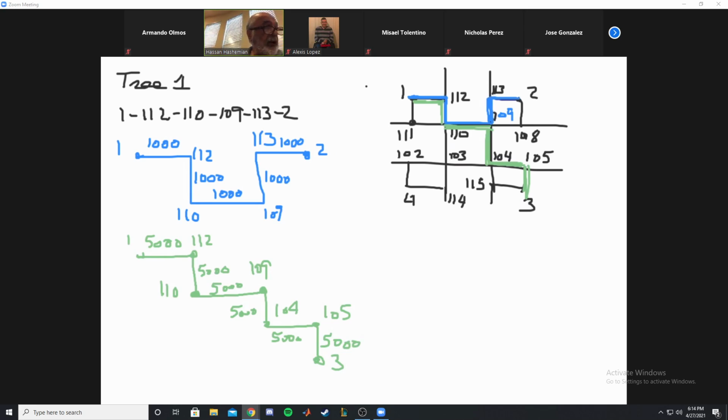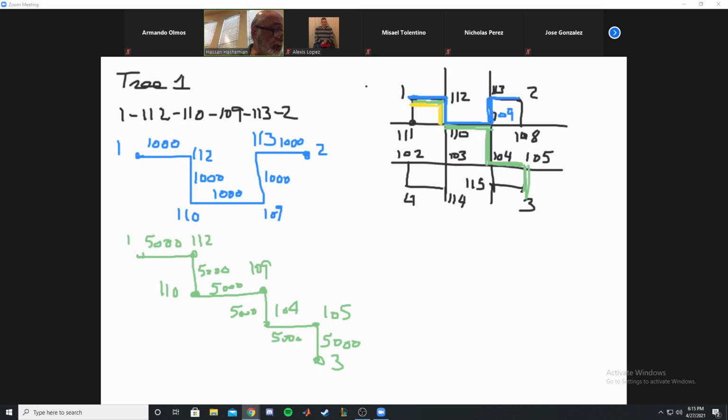And the next one, you have 1 to 4. So you have to do 1 to 4. If I do 1 to 4, they say you go from 1 to 112 again. So I'm using a yellow. And from 112, they say go to 110. So they come down again.